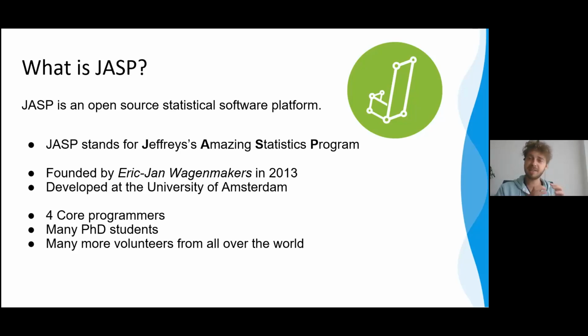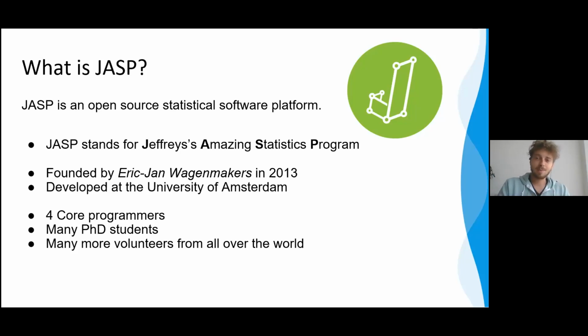There are a lot of PhD students that contribute alongside those core programmers to the development of, for example, extra functionality in JASP. And there are, of course, a lot of volunteers all over the world that help us in beta testing JASP for upcoming releases, finding bugs, finding issues. So we aim to be a really community-driven project in that sense as well.